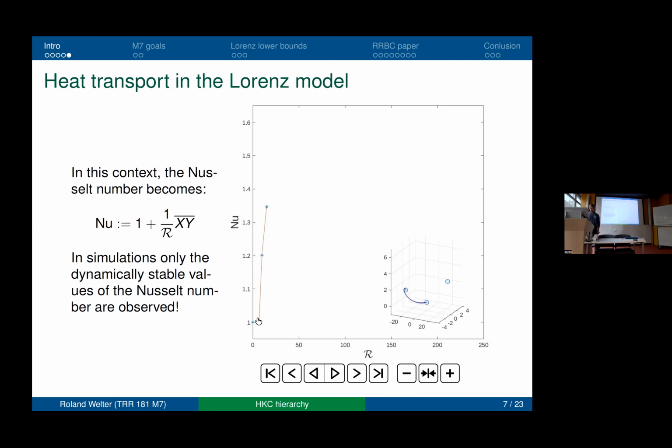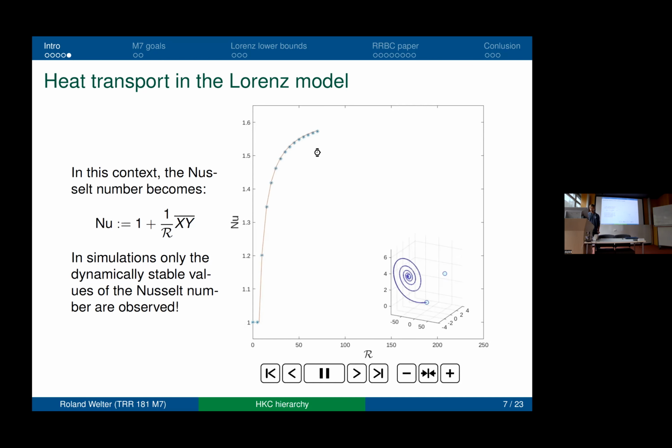And for low Rayleigh numbers, these are stable. All trajectories are attracted to these fixed points. We also have in blue some values of heat transport that were computed from random initial conditions. So we begin somewhere randomly, but we end on the fixed points, and that's what we're seeing here.